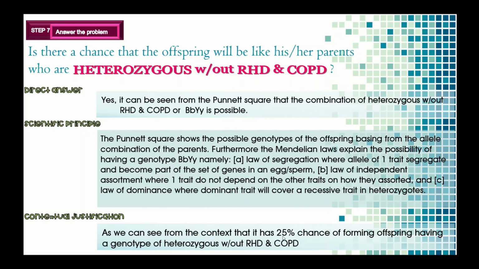And in the tally of the genotype, heterozygous without RHD and COPD has 4. So 6.25% times 4 is 25%. Thus, in another way to interpret, the offspring of this couple has a 25% chance. So it's less than a 50% chance or 75% chance, but there is still a chance of a heterozygote offspring.